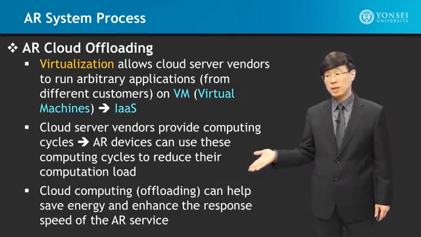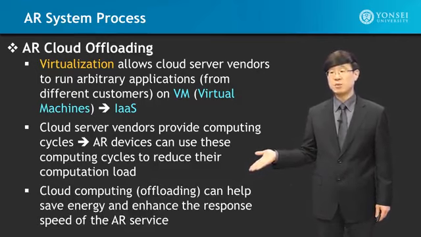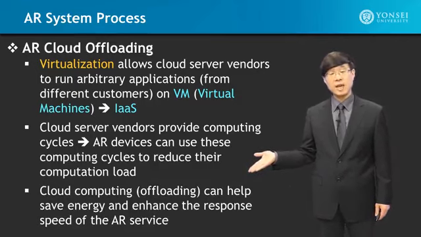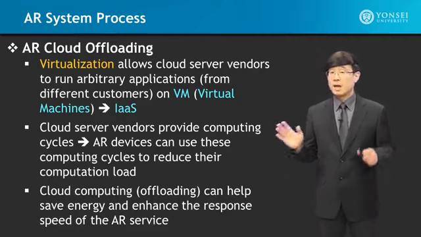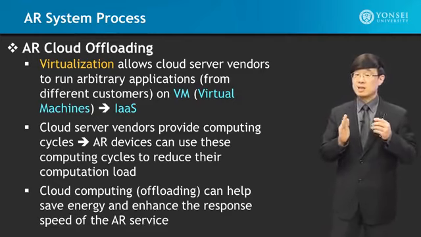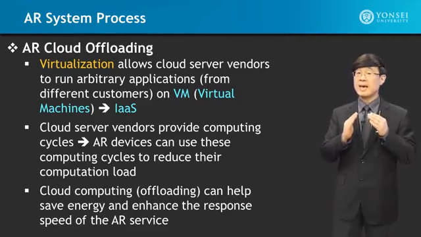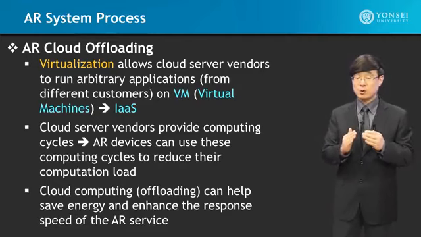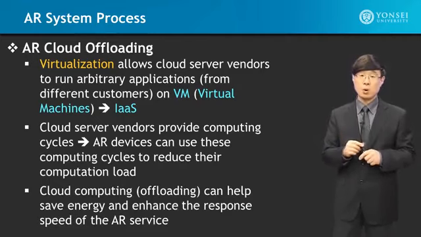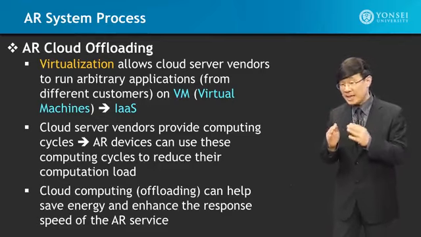The cloud computing offloading units can help to save energy and enhance the response speed of the AR service. Once again, in cloud services, this has to be fast and accurate, and you need the support of fast clouds and a fast network.